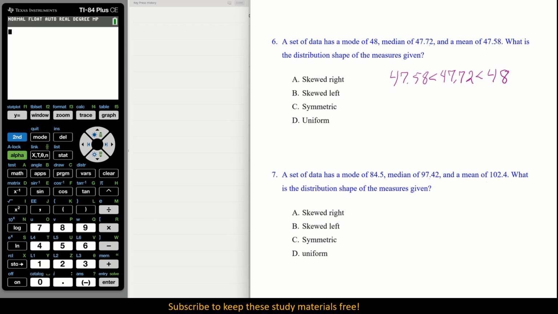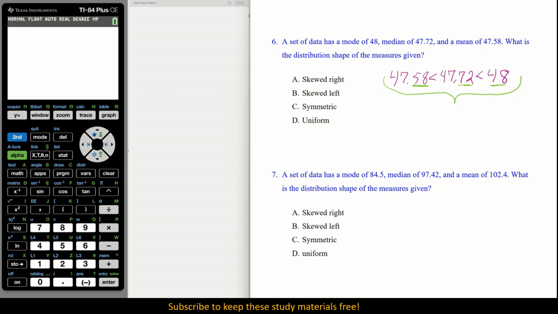Now, if you went by this, you'd say, oh, well, your mode is greater, so this is going to be skewed left again. But make sure that you're looking at all these values. They are very close. Looks like they're within less than 1 digit.